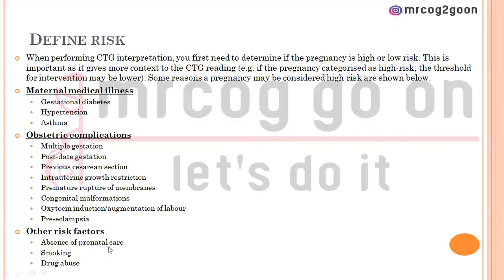Preeclampsia, absence of prenatal care, like this is a patient coming to you for the first time, you don't know anything about her, and this happens a lot. Smoker, drug abuse. You have to know why you are doing the CTG.